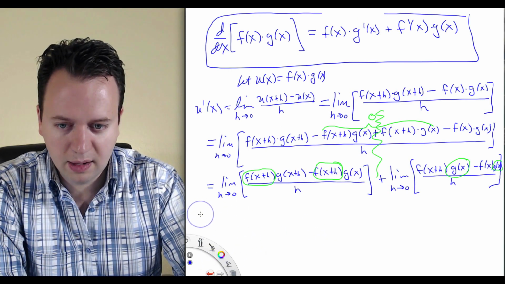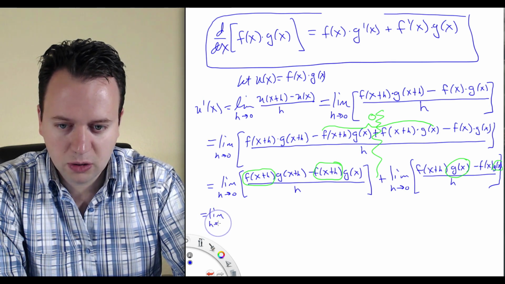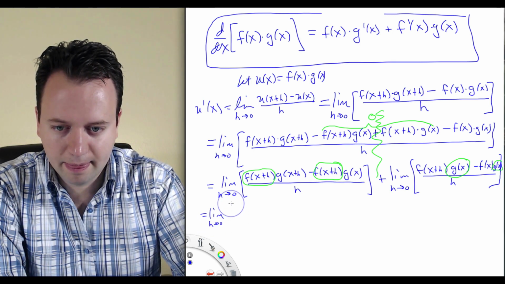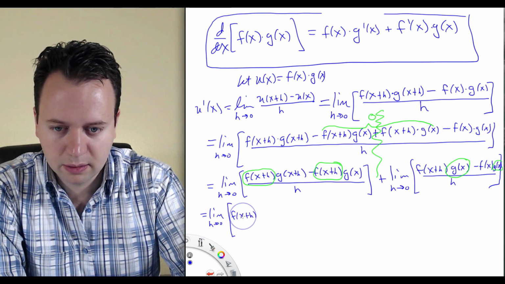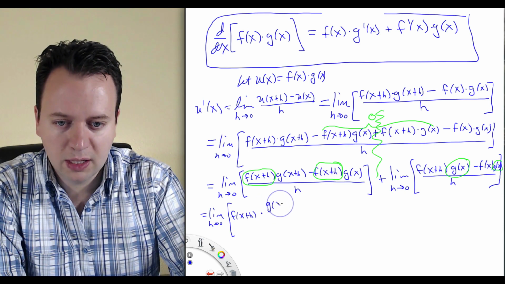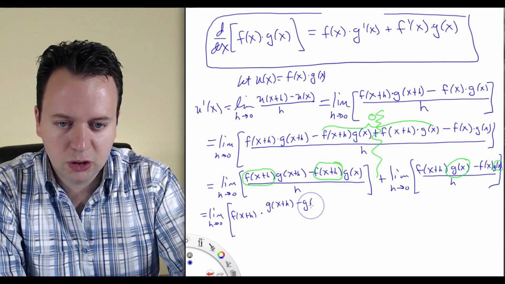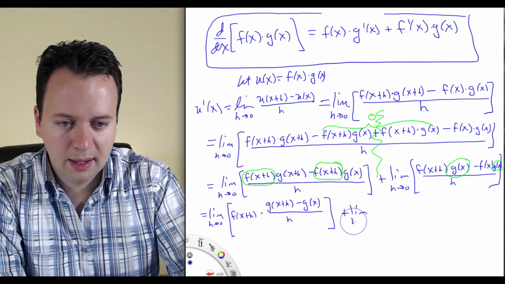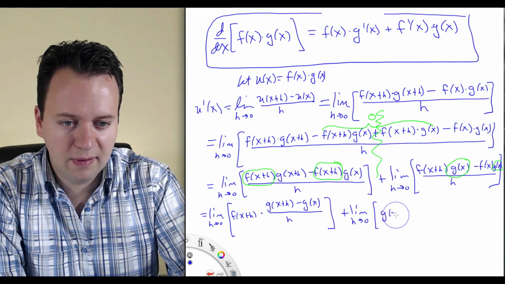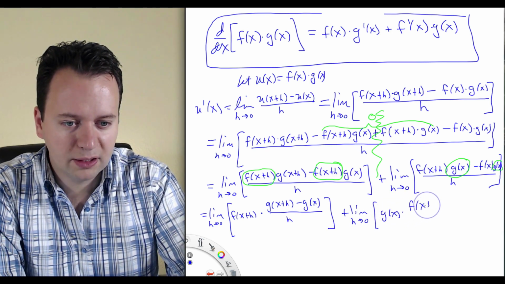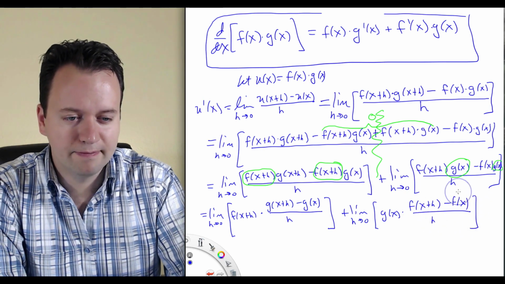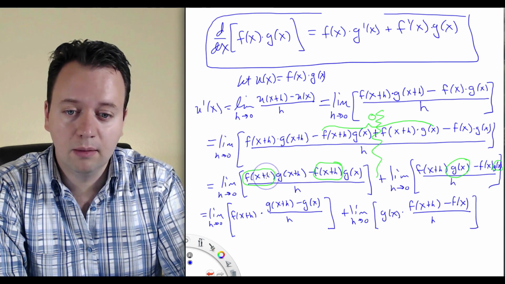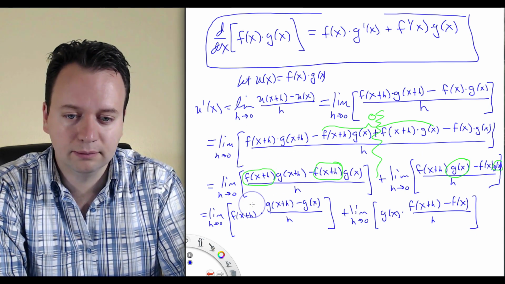So we can rewrite this as the limit as h goes to 0 of f of x plus h times g of x plus h minus g of x all over h, and then plus the limit as h goes to 0 of g of x times f of x plus h minus f of x over h. Pull this factor of g of x out, pull this factor of f of x plus h out.